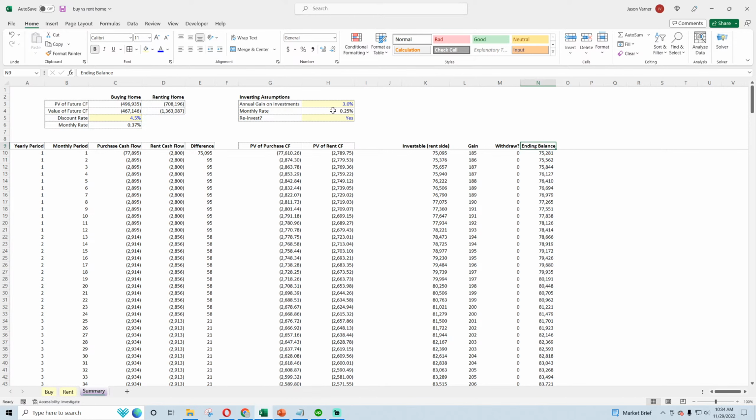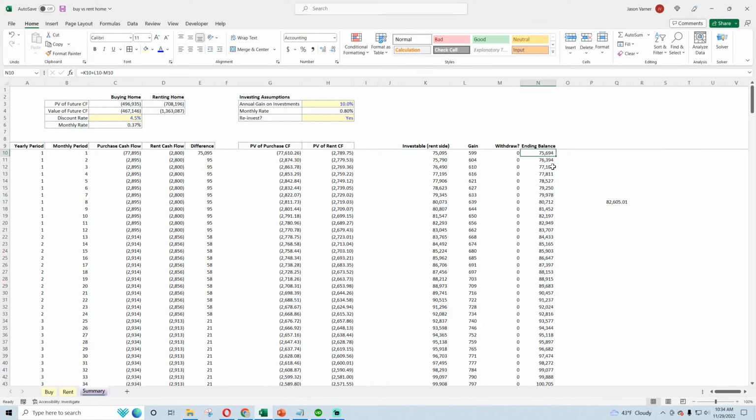Now this should go up. Let's say this number was 10%. You should see a value of 82,605, I believe, if we did the math right. Let's see. So 75 times 10% monthly rate.